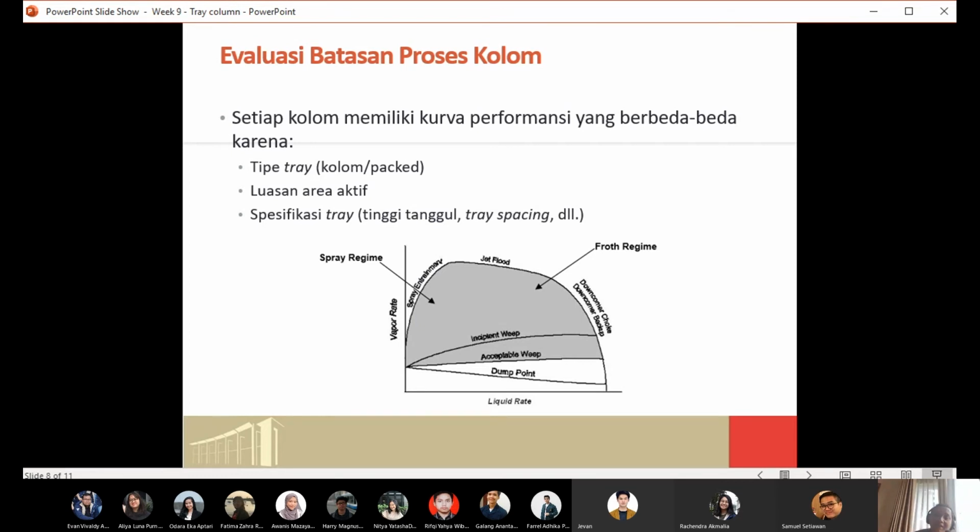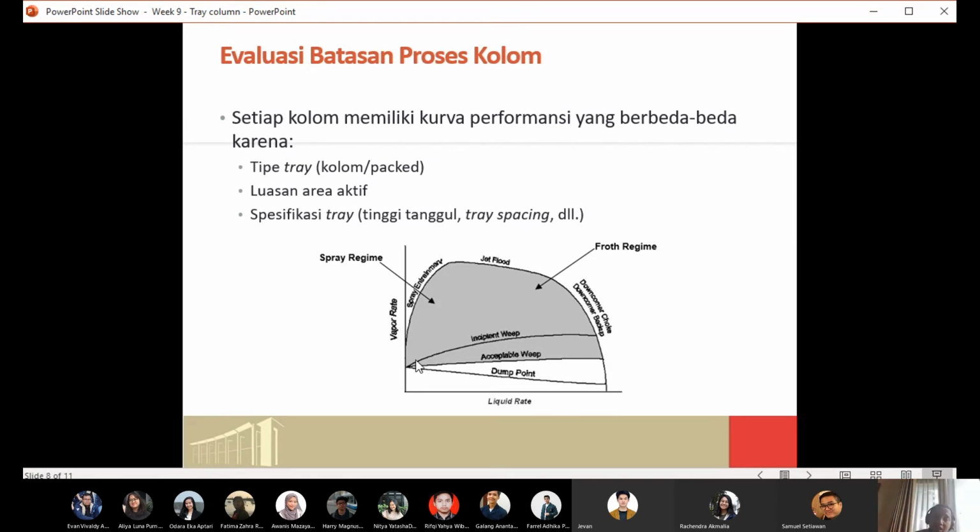Probably because the downcomer hole is too small and your liquid is too high, so the volume is very big, and because the hole is too small, it is not enough to flow all of the liquid through that downcomer. So there will be an increment of the liquid level in the downcomer, which is called downcomer choke or downcomer backup.